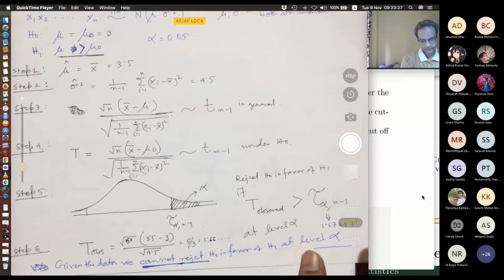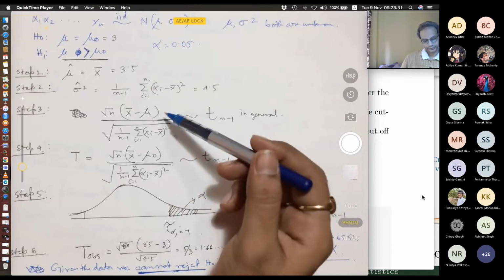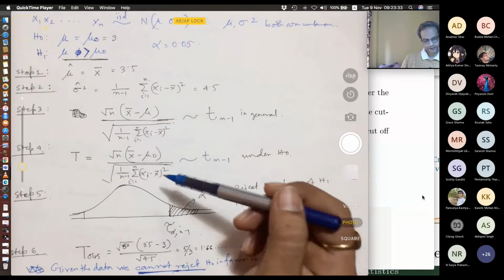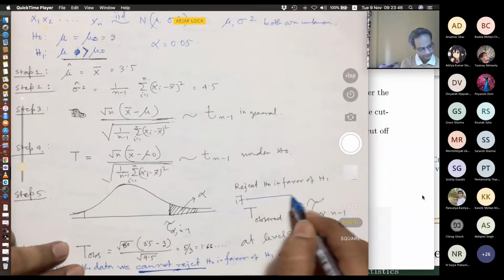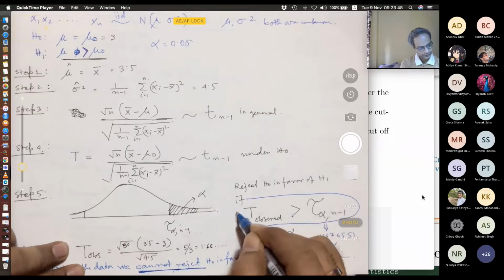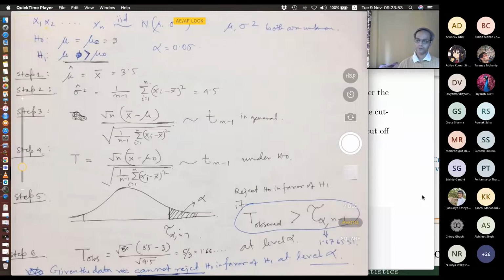Most software, instead of doing this transformation and comparing in this way, use the p-value. So what is the p-value? Suppose this is your test condition, the test rule by which you are going to reject the null hypothesis.